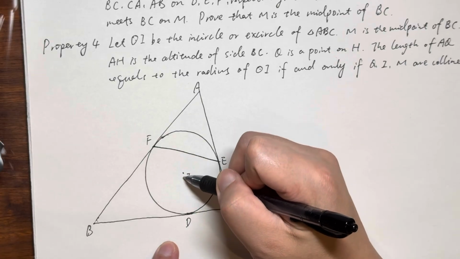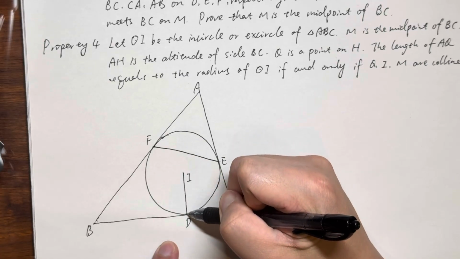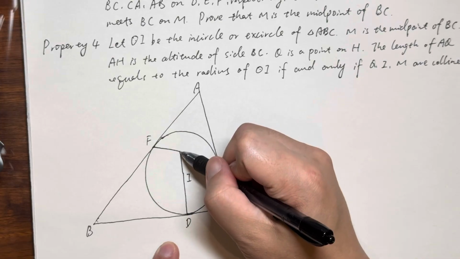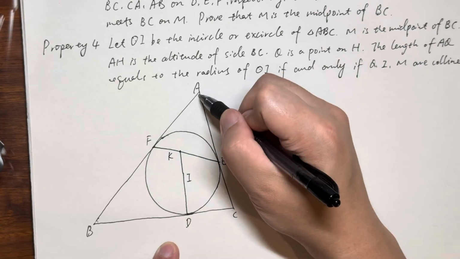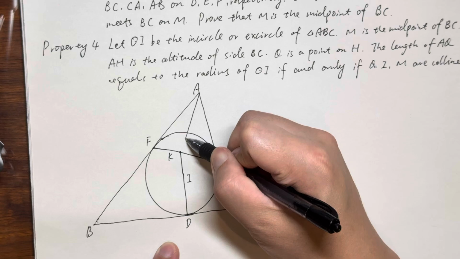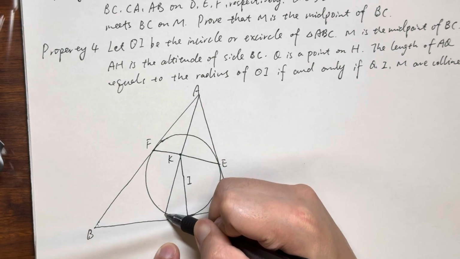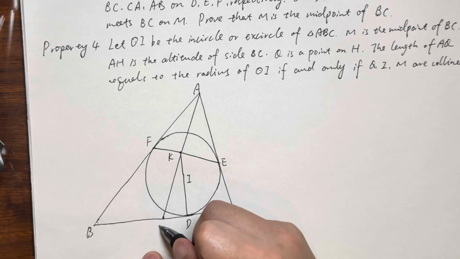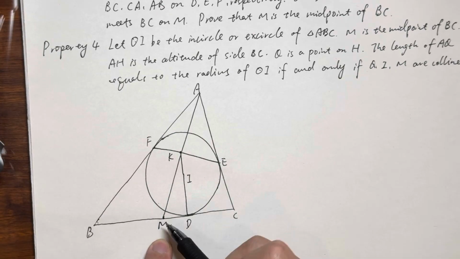And we know DI meets EF at point K. And AK meets BC at point M. We want to prove that M is the midpoint of BC.